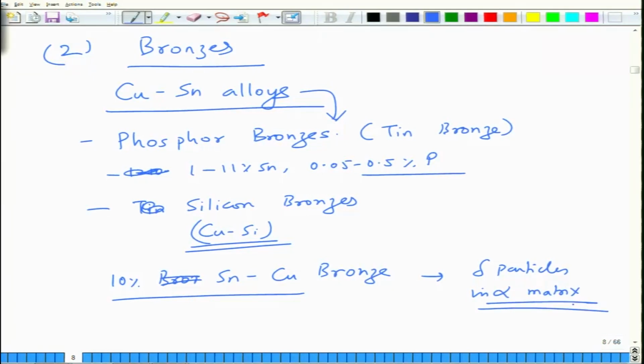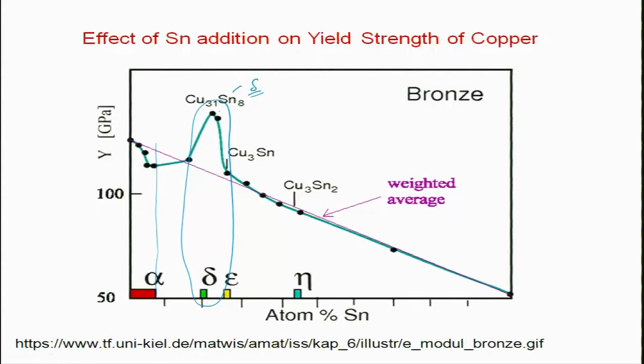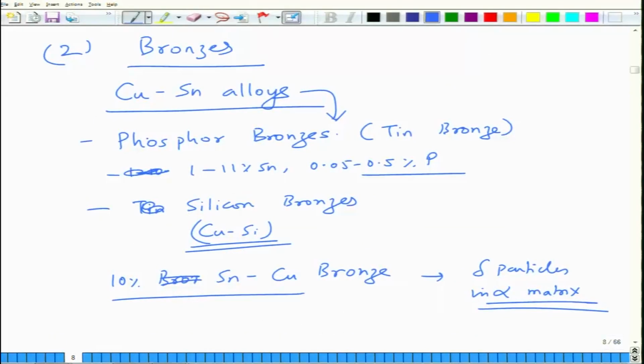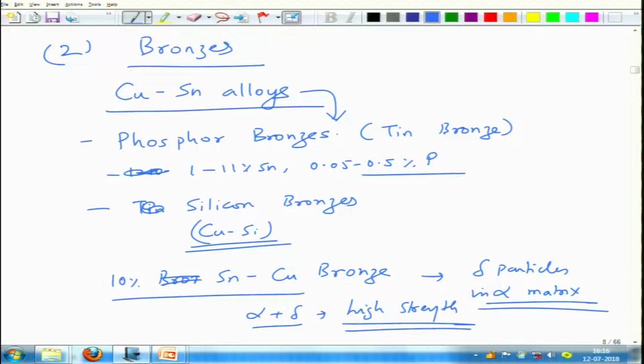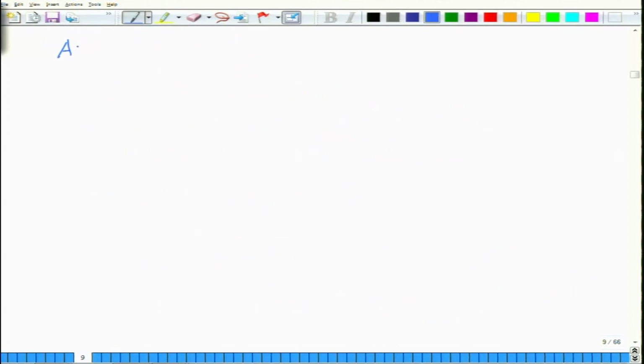So, if you have an alpha and delta mixture, as I showed you, as you add tin, the delta phase has high strength. So, if you have delta phase present in the alpha matrix, it provides strengthening. So, high strength is obtained when you have this mixture of alpha and delta, and this leads to high strength in tin bronze.